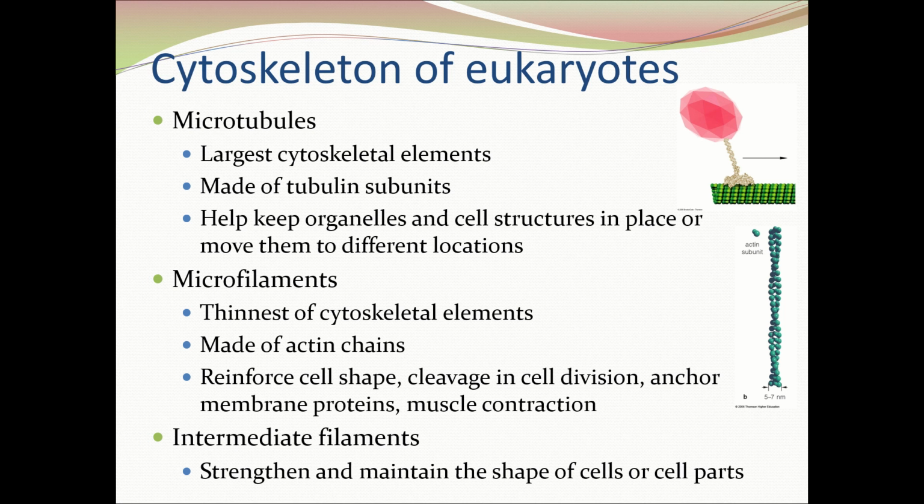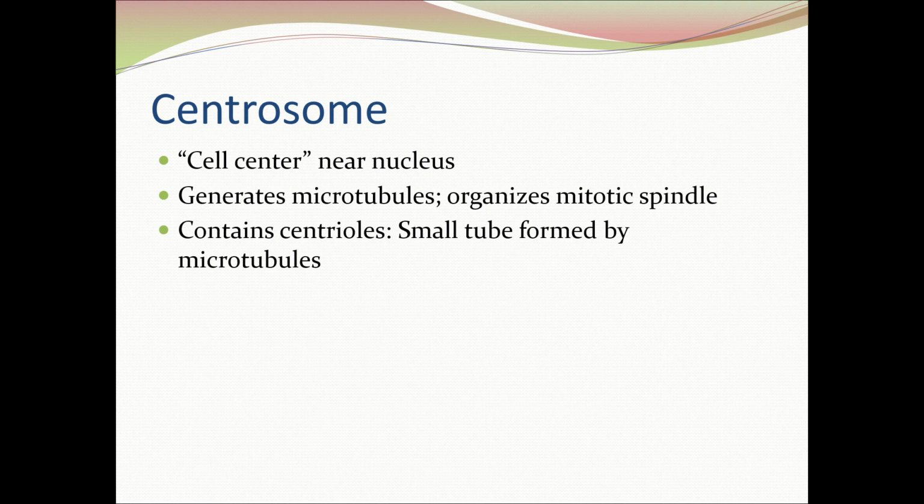The third type of cytoskeleton is the intermediate filament. This helps strengthen and maintain the shape of cells or cell parts. It's kind of the network that occurs under the plasma membrane. There's an interesting organelle that occurs only in animal cells, so it won't be found in plants or bacteria or fungi, and it's called the centrosome.